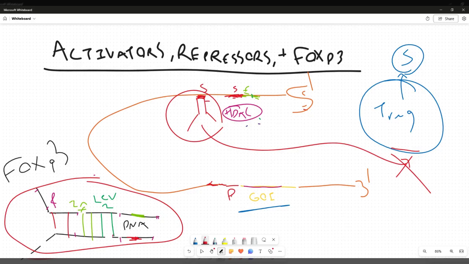So let's say my Foxp3 is broken. So it could be a SNP. Let's say I have a mutation in my DNA binding region, and I can't bind to enhancers or silencers at all. So really, there's no chance it lands.